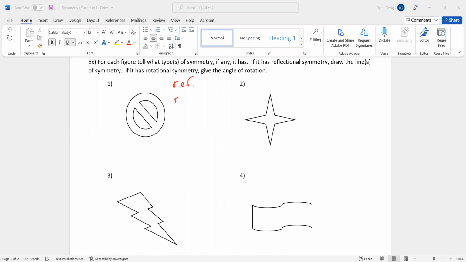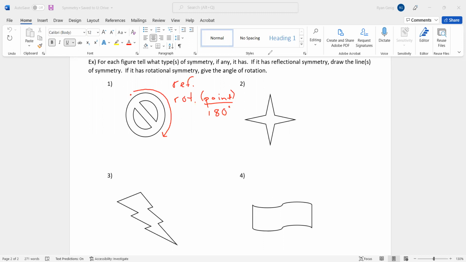It also has rotational, but specifically point. Now, I don't really need to write it. If I write point, that tells me the information I need. It means the rotational symmetry is of 180 degrees, right? So if I started here, I wouldn't get to the same picture until I landed here, okay?